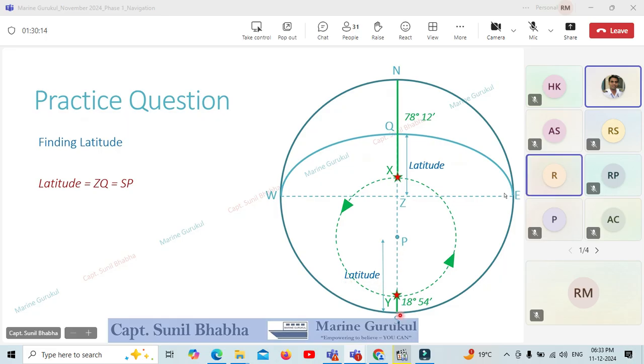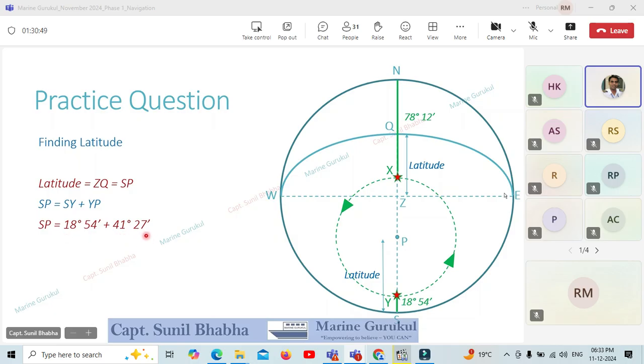Now PS is easy to find. PS is basically equal to SY plus PY. SY is given as 1854, that is the altitude of the star. And PY is nothing but the polar distance of the star, which we had already found out, 4127.